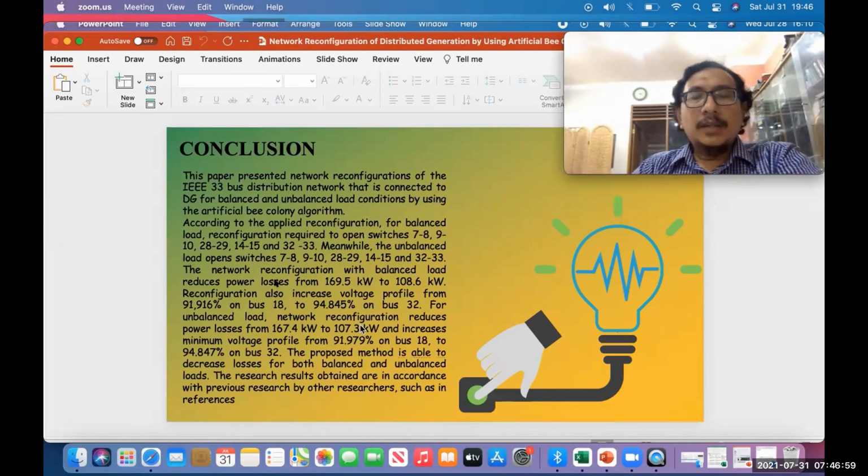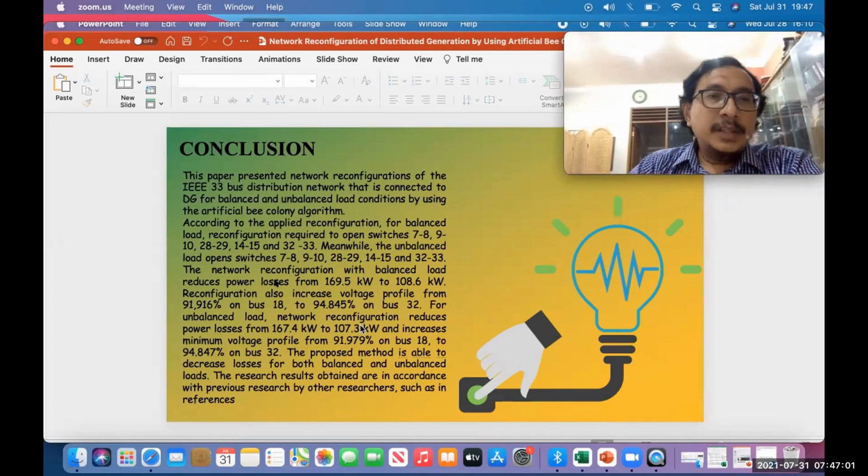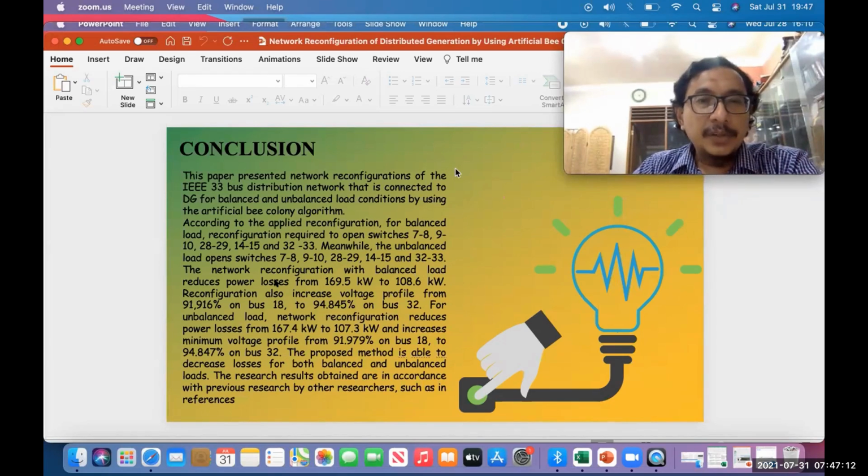And the conclusion. This paper presented network reconfiguration of the IEEE 33 bus distribution network connected to DG for balanced and unbalanced load conditions by using the artificial bee colony algorithm.